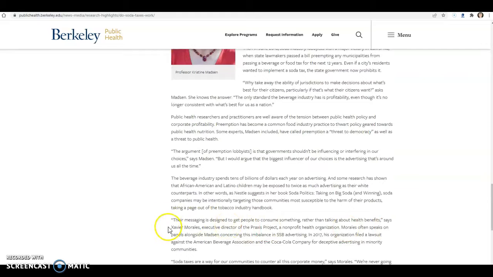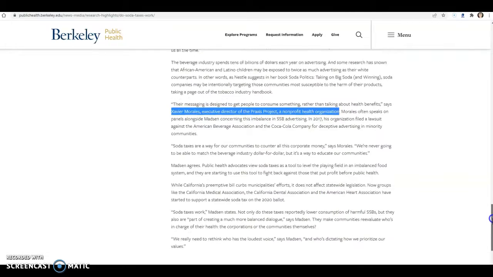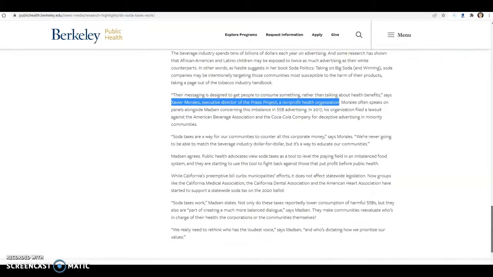Here's another one, Xavier Morales, the executive director of the Praxis Project, a nonprofit health organization. So like most news articles, they're going to tell you what the source is in the actual article itself. If you were in an academic article, they would have references or works cited at the end, but this one just stops, and that's pretty typical.